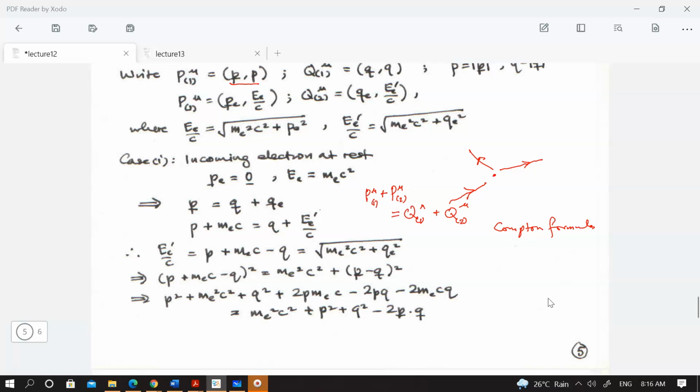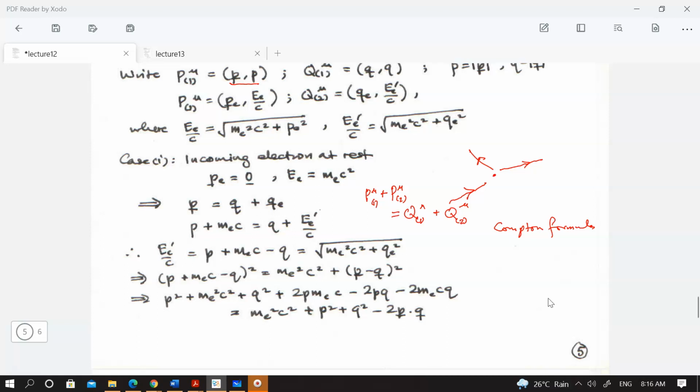So what we're going to do next is to manipulate these two equations so that you'll get the formula for your Compton scattering. So let's rearrange this in a way that we write an expression for your electron energy after the collision. Okay, so this is just bringing your Q onto the other side.